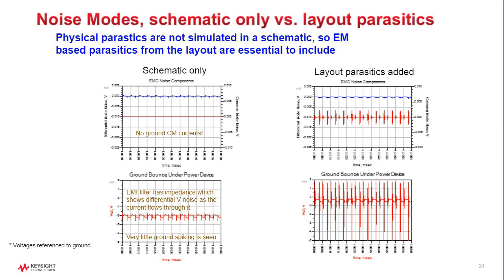And on the right side, when I add the parasitics associated with the layout, the scaling is the same from left to right. I'm picking up common mode noise. That's the red trace referenced on the right y-axis. And the other thing that happens when this is seen is now you start to see ground bounce effects. So we'll talk about that.